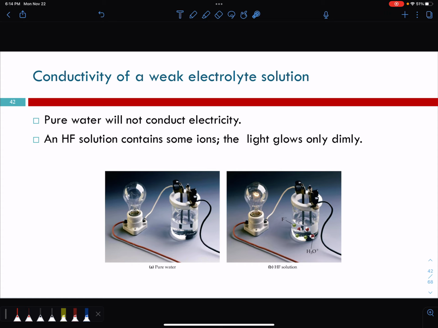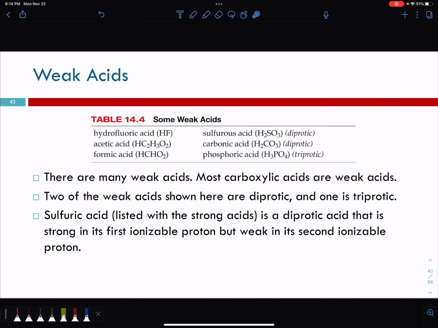Not a lot, just a little bit, which unfortunately I don't think worked in the lab. But there are a lot of weak acids. Most carboxylic acids are weak acids. Hydrofluoric, I think, is the only binary acid that's a weak acid. We have acetic acid, which we used, formic acid, and sulfurous acid, which is not sulfuric acid. Sulfuric means SO4; sulfurous is SO3.